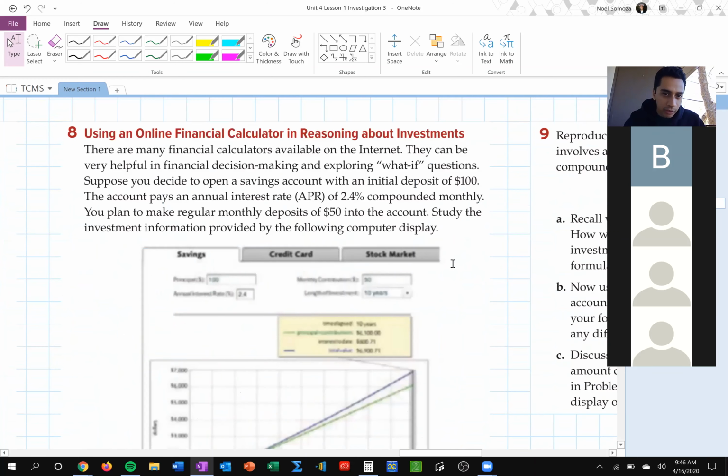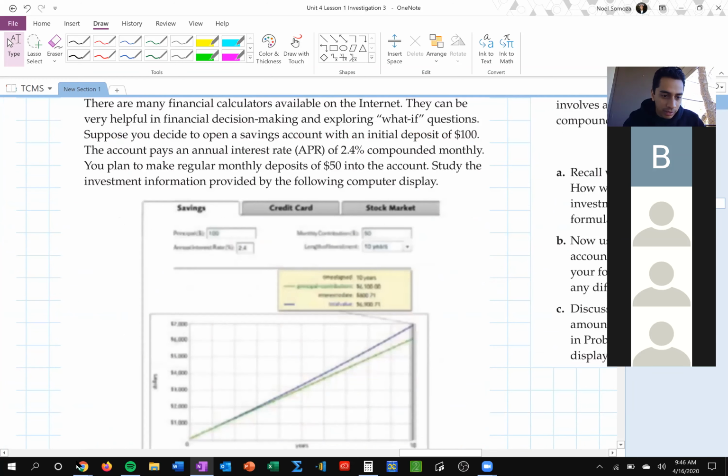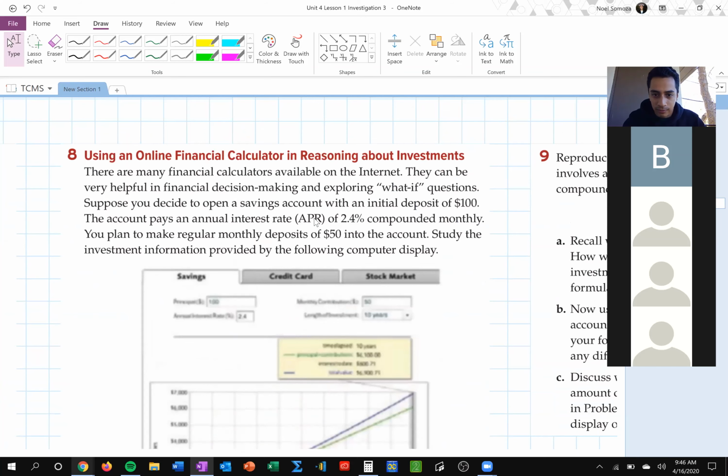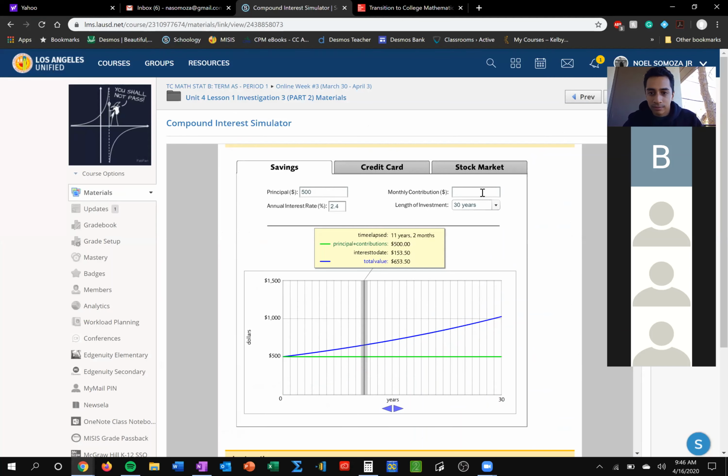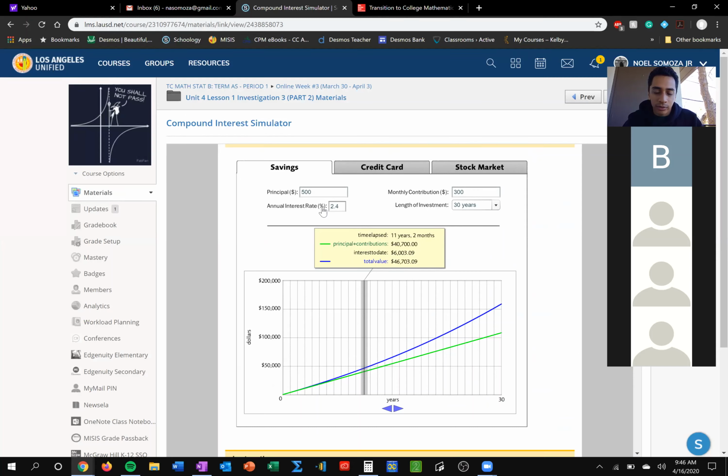So if you ever are curious about how much money you can make over a period of time, you want to be a millionaire one day, let's say you start off with about 500 bucks, and every month you deposit, say 300. And let's say you have a little bit of a better interest rate.